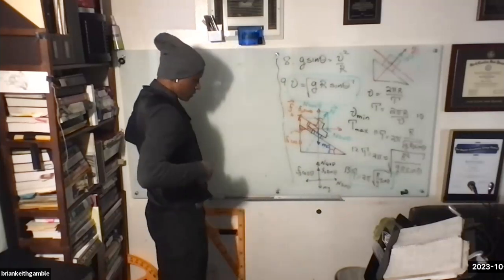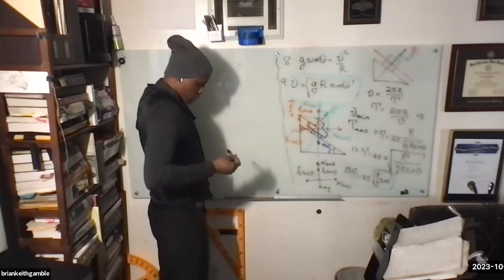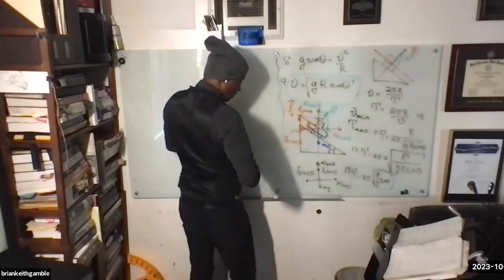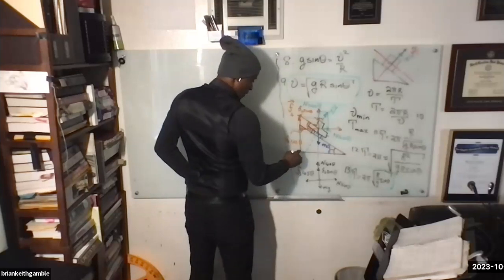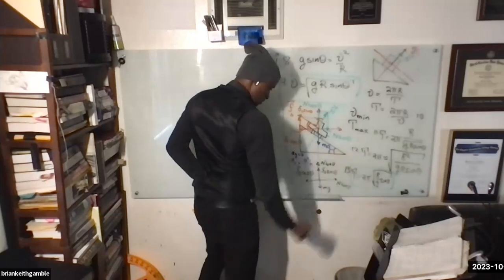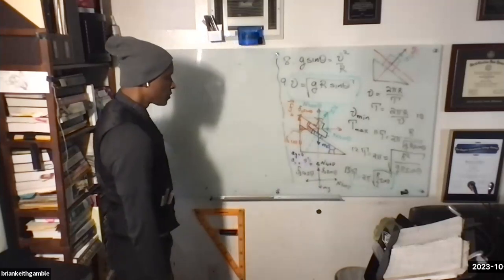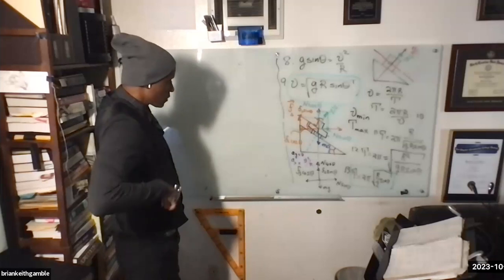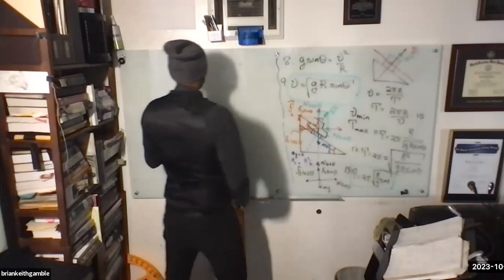Also keep in mind that ay is 0. Ay is equal to 0, but ax is equal to v squared over r. It's non-zero. So let's do y first, because that's the first law.